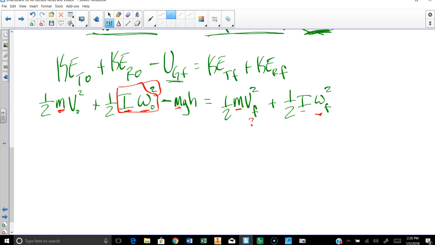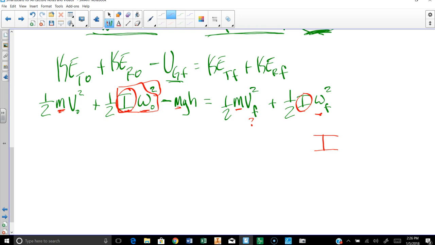So let's deal with I first. So what is I? It's the rotational inertia of our ball. And the ball didn't change shape or lose mass or gain mass, so this I and this I are the same.